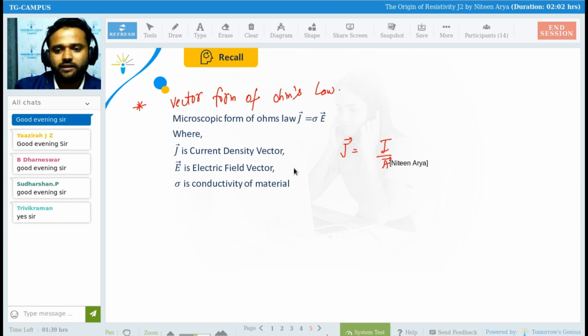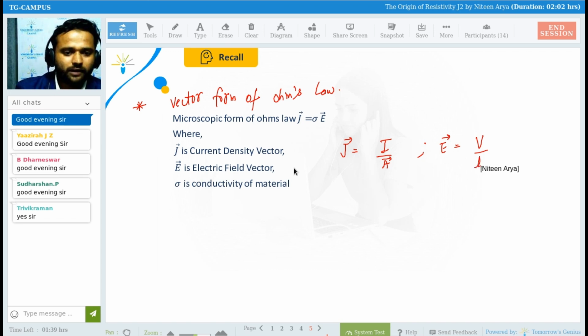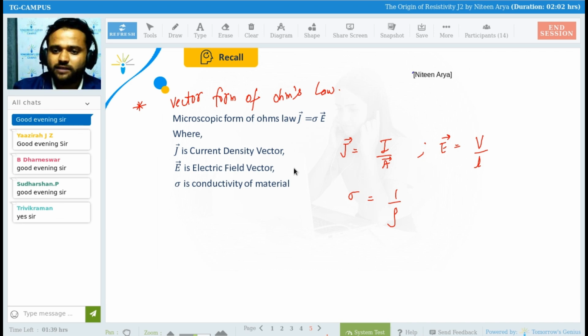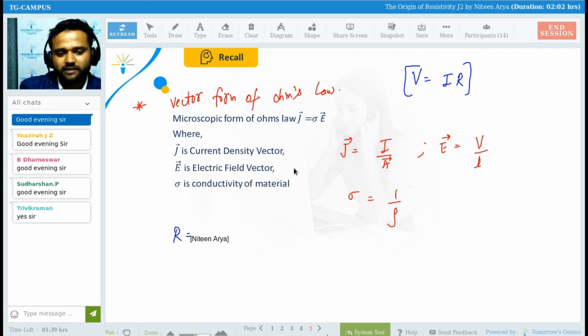And E is the electric field. You can understand it as V by L also, and sigma is conductivity, which is 1 by rho, the resistivity. Its unit is siemens per centimeter or ohm inverse per centimeter, and this again comes from putting the value of R, as I told you in the previous class, rho L by A, and rearranging every term, we can get this.